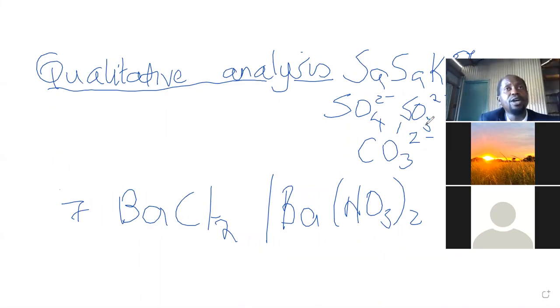Barium chloride or barium nitrate tests for the presence or absence of those three anions. The expected observation is, of course, either a white precipitate or no white precipitate.